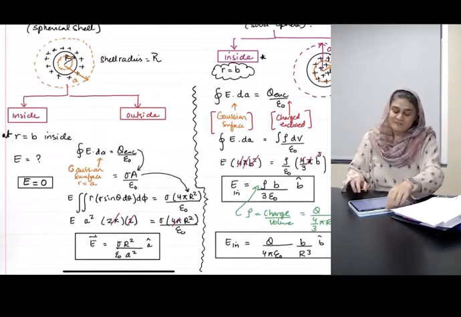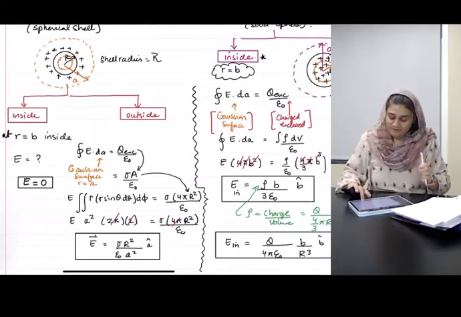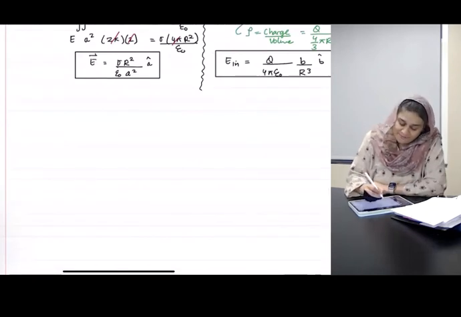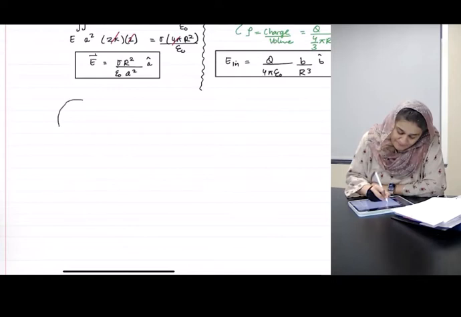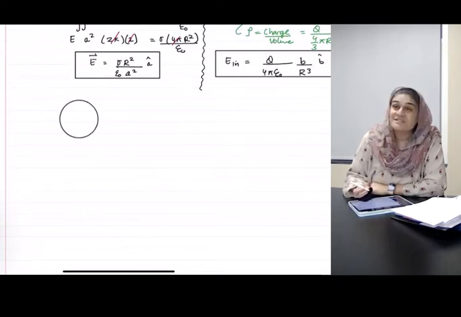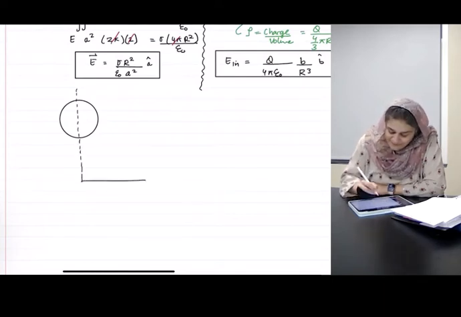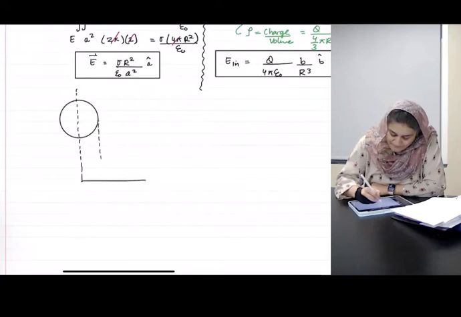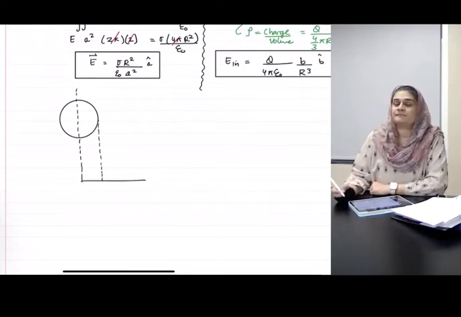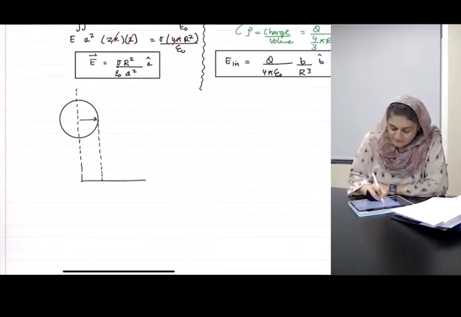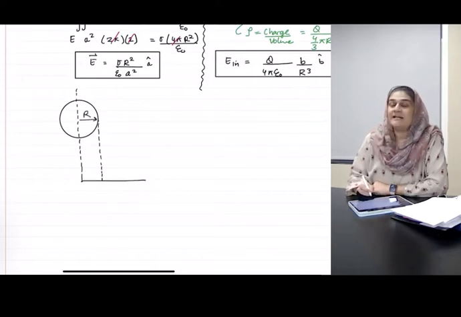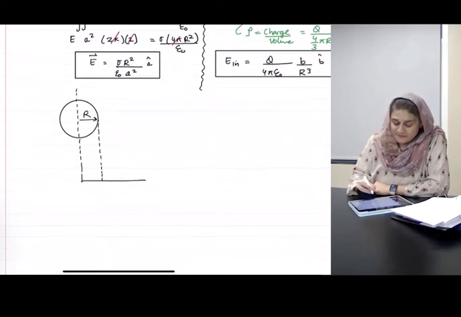And I want to show you something even more fun. Okay. So if you were to draw what it looks like, this is your empty shell, and I want to draw it. What's the E field at different points? So suppose this is your R. What's the E field inside the empty shell? 0, right?